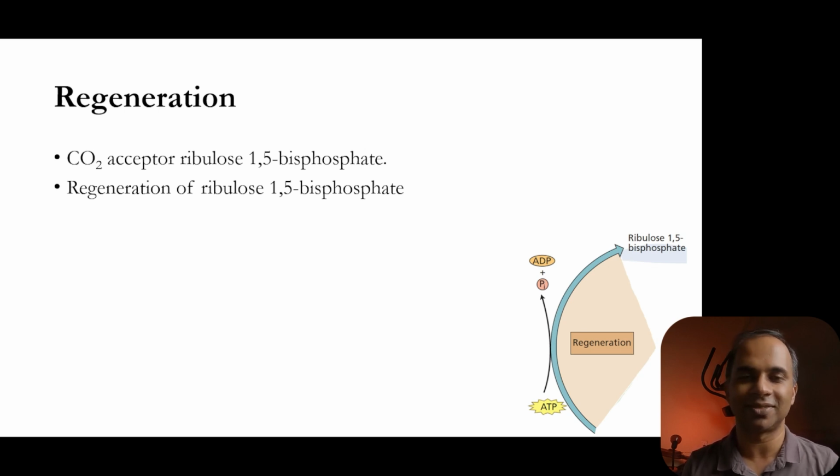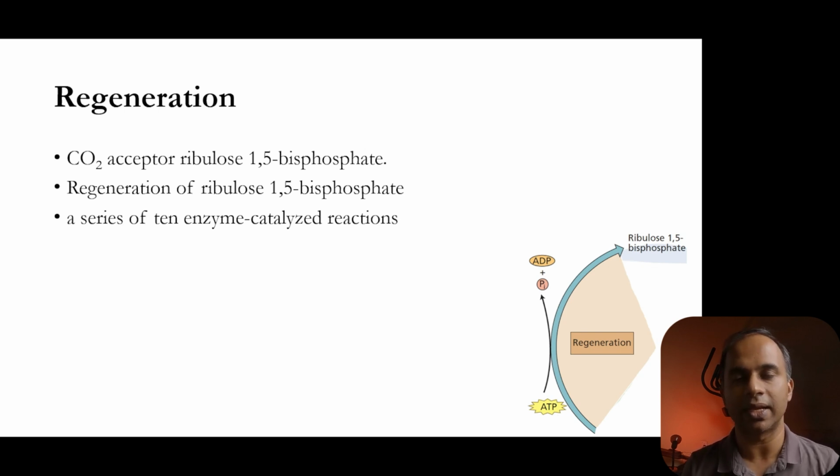You can see, for ease, it looks like there's only one step, but in reality there are 10 enzymatic reactions involved in this process. That means there are 10 enzymes catalyzing this reaction, and out of these 10 reactions, one reaction requires ATP.